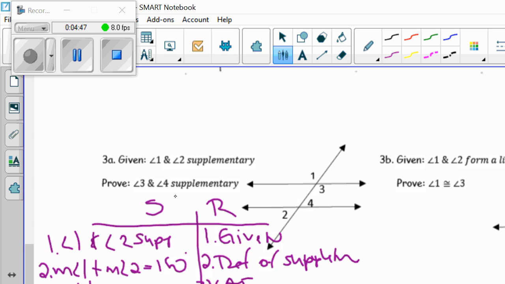If I'm going to show that they are supplementary, then I need them to be able to equal 180 when I add them. So I now need to change and make measure angle 1 equal measure angle 3 and measure angle 4 equal measure angle 2 by the definition of congruence.